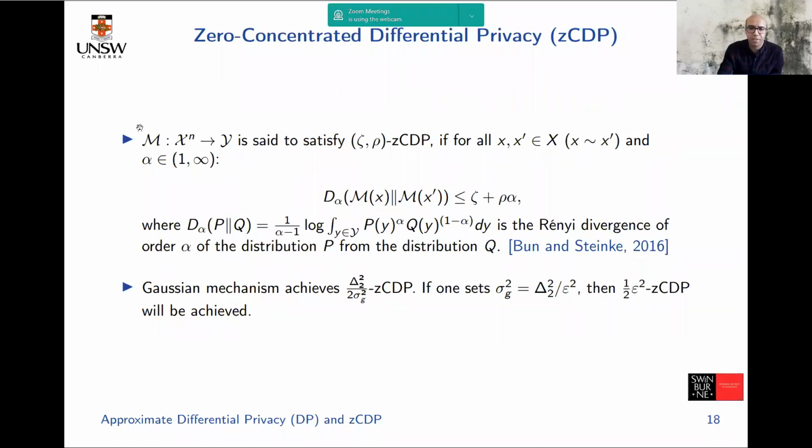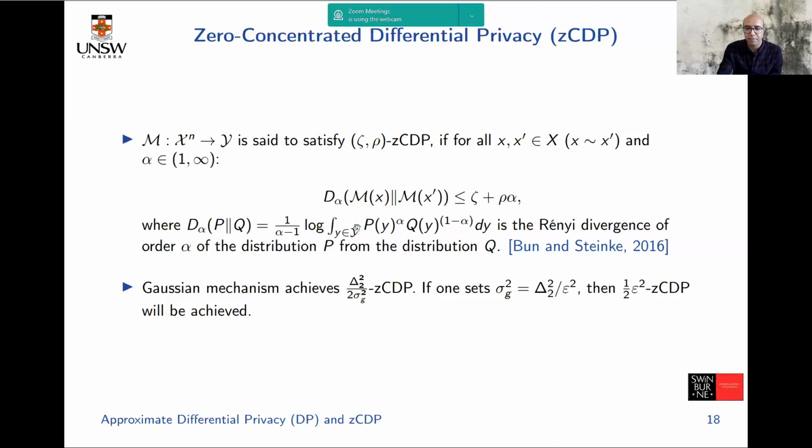If you have the randomized mechanism M, we say this is a (xi, rho) zero concentrated DP mechanism for X and X prime if the Rényi divergence of M on X from M on X prime is bounded by xi plus rho alpha.